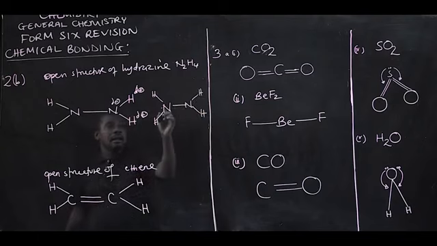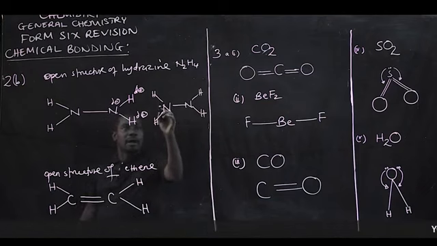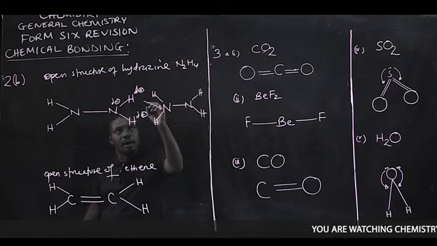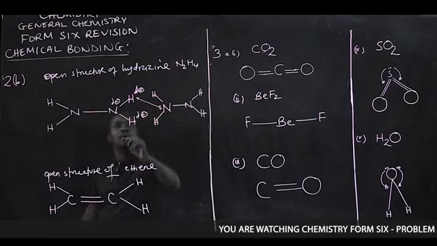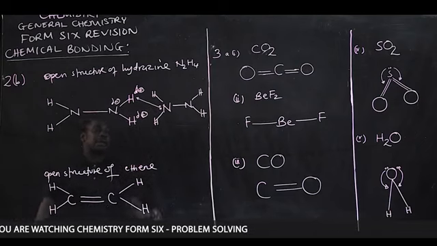How do these molecules associate? The nitrogen of one molecule, having a lone pair, donates the lone pair to the hydrogen of another molecule which is positively polarized, and a hydrogen bond is formed.